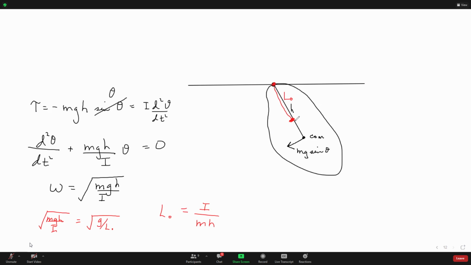So the center of oscillation is the place where I can support the body, and the frequency of the oscillation will be exactly the same as up here.